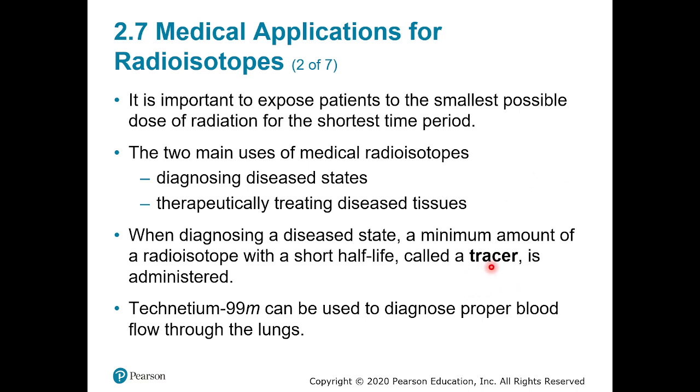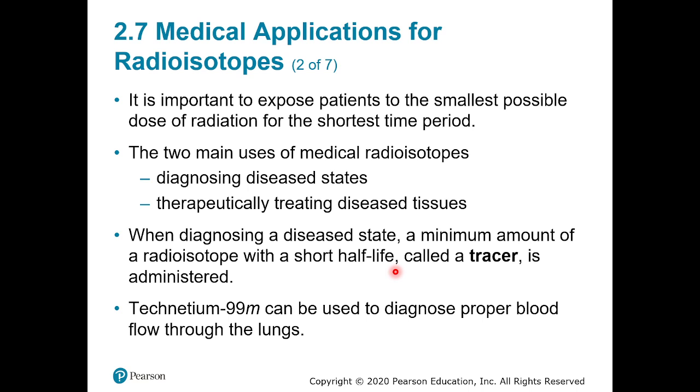When you diagnose a disease state, a minimum amount of radioisotope with a short half-life, called a tracer, is administered, typically attached to something important, though not always. For example, iodine can be directly used because you use iodine in your diet and incorporate it into things like your thyroid.